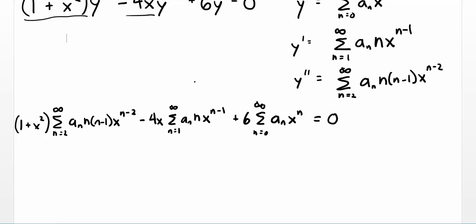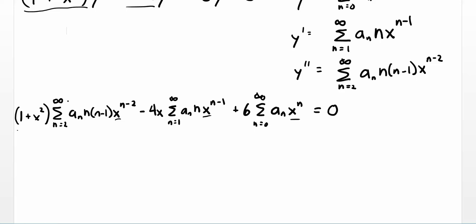So now we have to clean this up, get everything into one series, and get all these x's to match. So in order to do that, we have to get rid of these coefficients: 1 plus x squared, negative 4x, and 6. So we're going to distribute that in. Now let's think about if we were to distribute this coefficient to this series. Or think about it backwards.